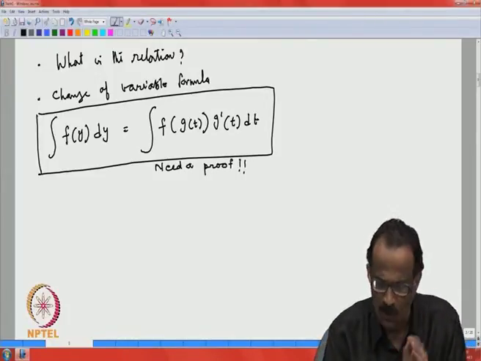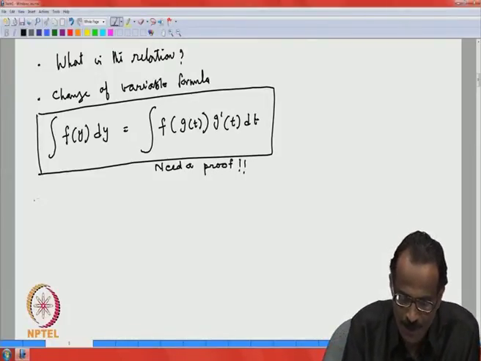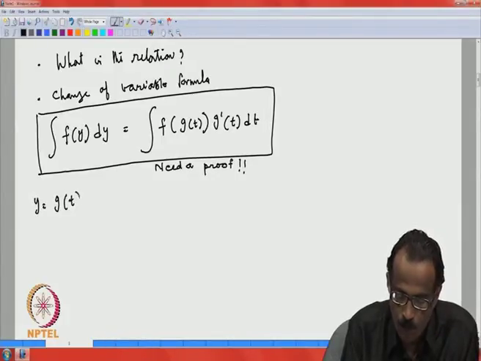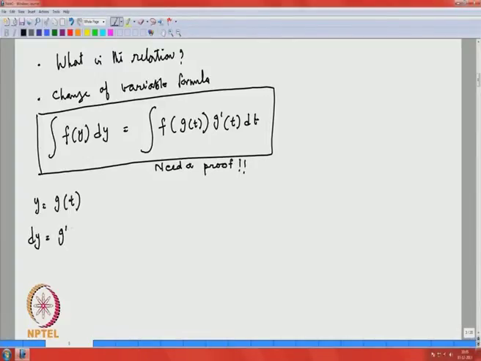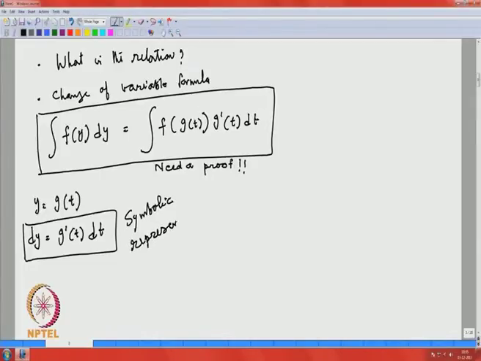Okay. And whenever you make a substitution y equal to g of t, the normal procedure is that you immediately write dy is equal to g prime of t dt. What I am trying to convey to you is that this is only a symbolic representation of this fact.